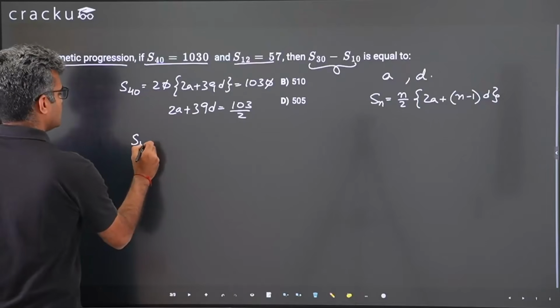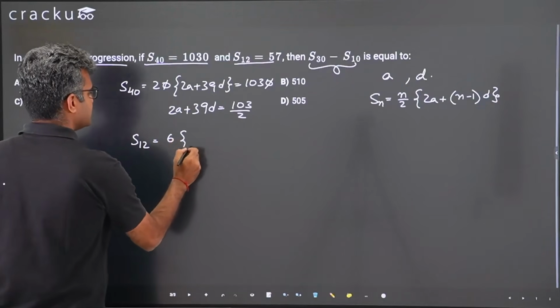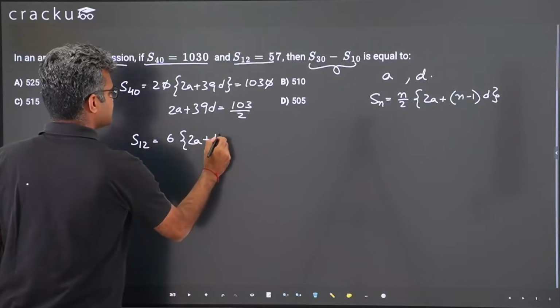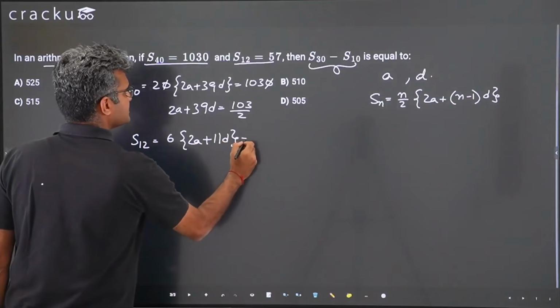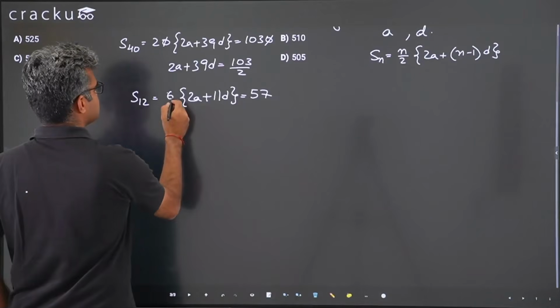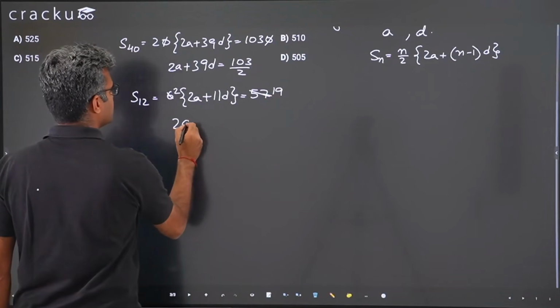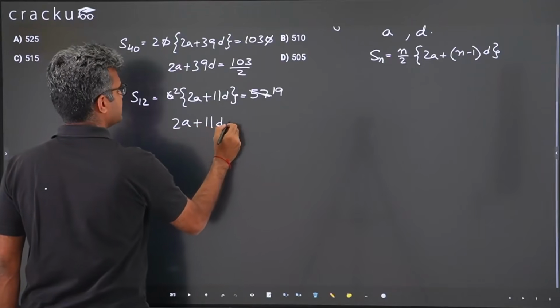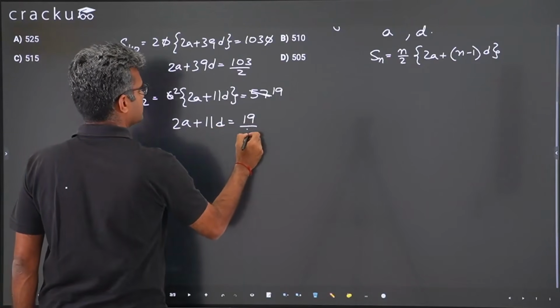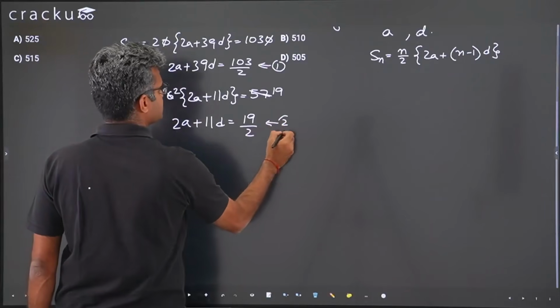S of 12 is equal to 12 by 2, which is 6, into 2a plus 11d. This is equal to 57. Or this is 2, this is 19. 2a plus 11d is equal to 19 by 2. This is the first equation, this is the second equation.